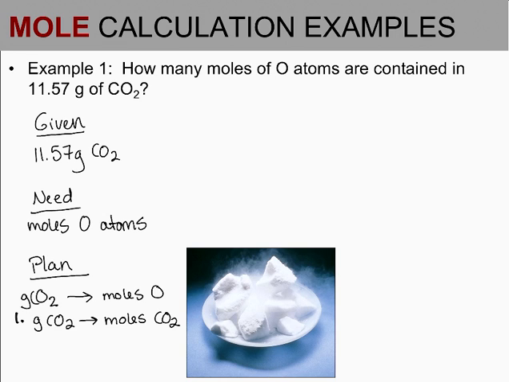And then after that, maybe we can use the fact that there are 2 oxygen atoms for every carbon dioxide molecule to get to, oh, sorry, got lost in my notes here.